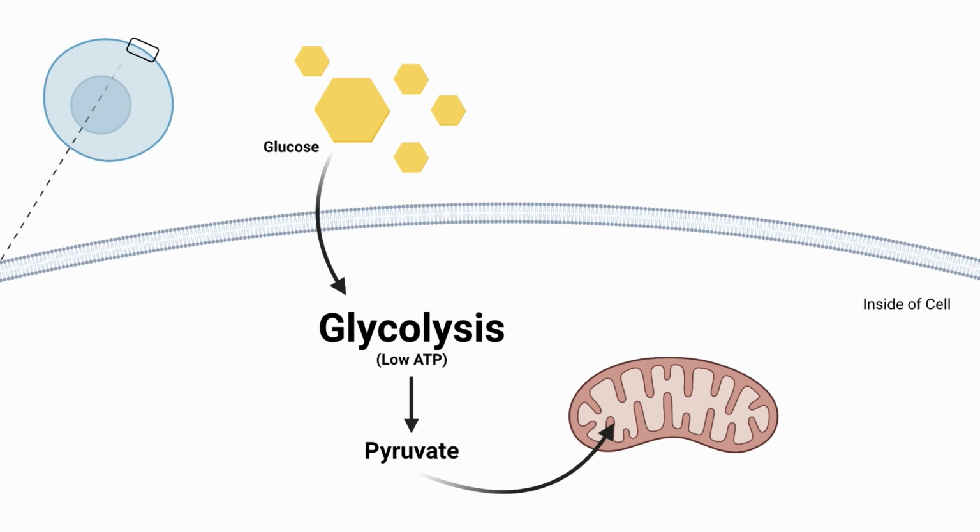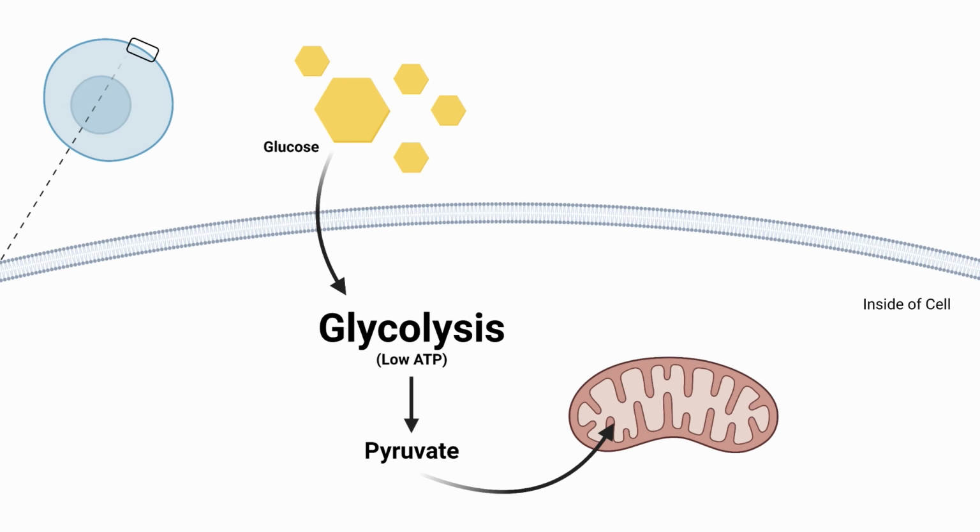And then if certain conditions are met, which are not things that I want to go into now, you get the production of pyruvate, and pyruvate then enters the mitochondria, or it gets used by the mitochondria to generate far more ATP. So then it's going through oxidative phosphorylation.